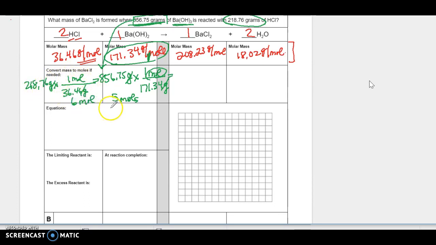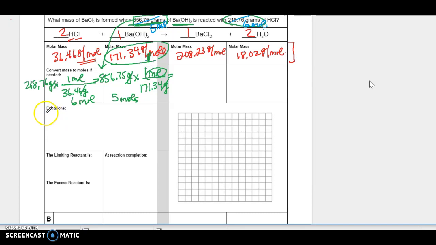That's my starting amount. The only thing different is that in the problems prior to this, it would have just said 5 moles of this and 6 moles of this. You just have to do one more step. In a lab situation, like you're going to do later this week, you're going to have grams. You don't measure moles. You measure grams, and then you have to convert it.